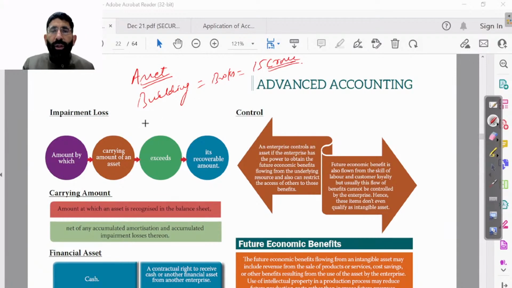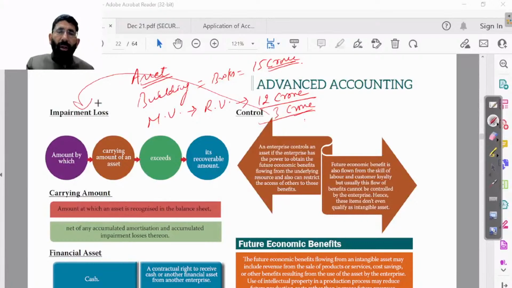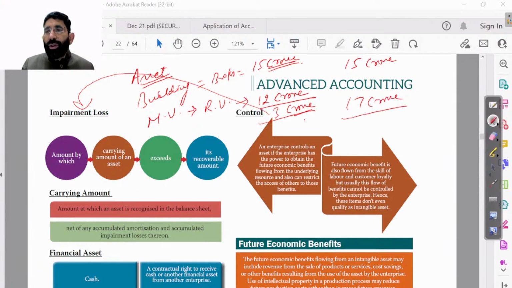But if you are interested to sell it, its market value, that is recoverable amount, realizable value, is rupees 12 crores. If you sell it in the market, it will be sold for rupees 12 crore. So the loss of rupees 3 crore, the difference of 3 crore, will be named as impairment loss. It may be a profit also, impairment gain. If book value is 15 crore and realizable value in the market is 17 crores, there's a gain of 2 crores, that is impairment gain.